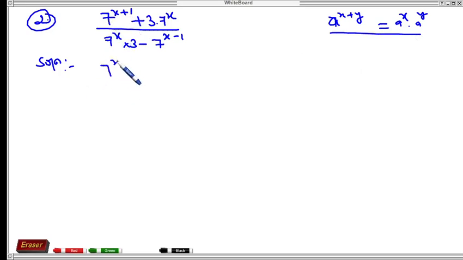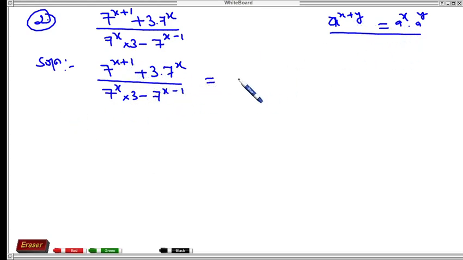The solution, once more: 7 to the power x plus 1, plus 3 times 7 to the power x, over 7 to the power x times 3 minus 7 to the power x minus 1. Then the next step is you can change this into product form.